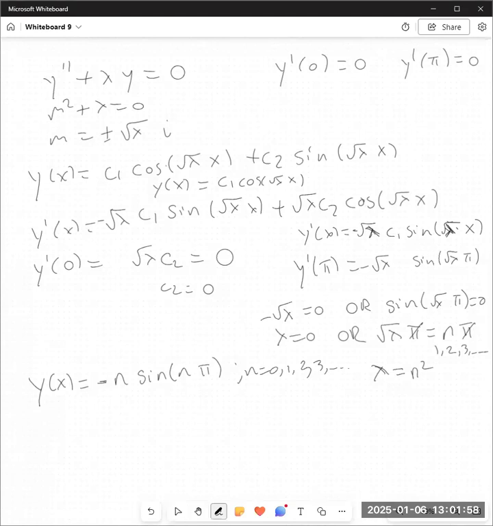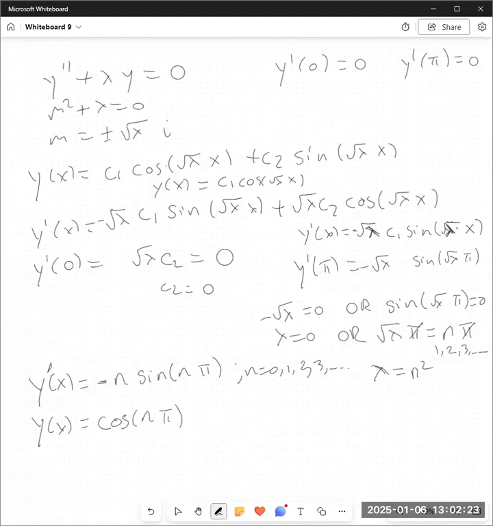Sorry, I just wrote y prime there, but I want y. So y of x is equal to c1, which is 1, like we said. So this is cosine of n pi.